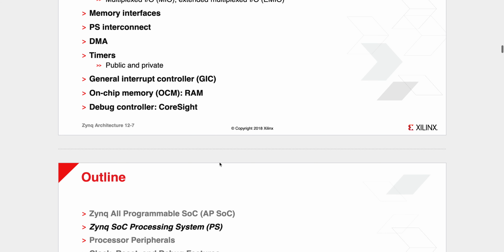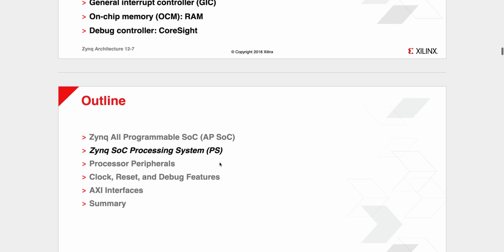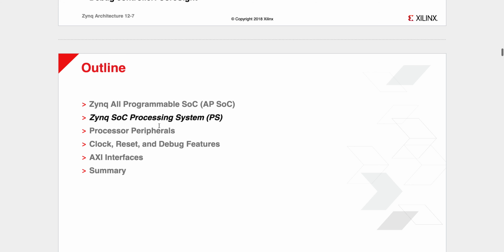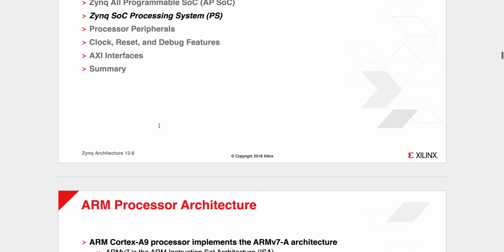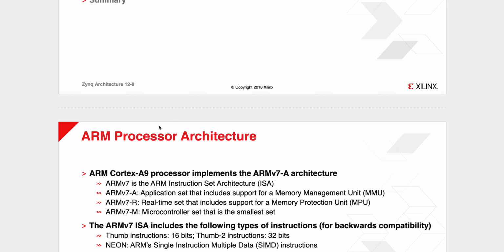Right, now we are going to the outline, the second part. The second part is we are talking about the processing system of the Zynq system on chip. We said that the Zynq system on chip consists of two sections, the programmable logic and the processing system.